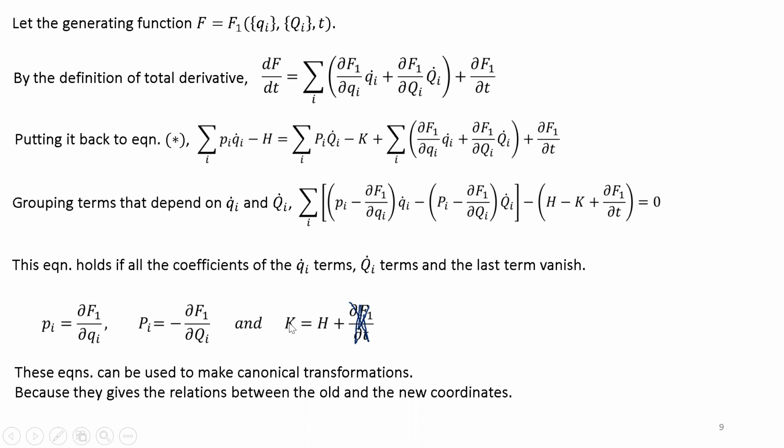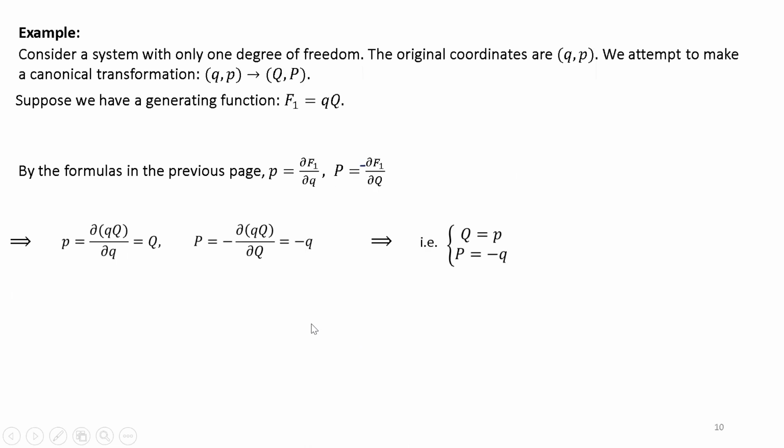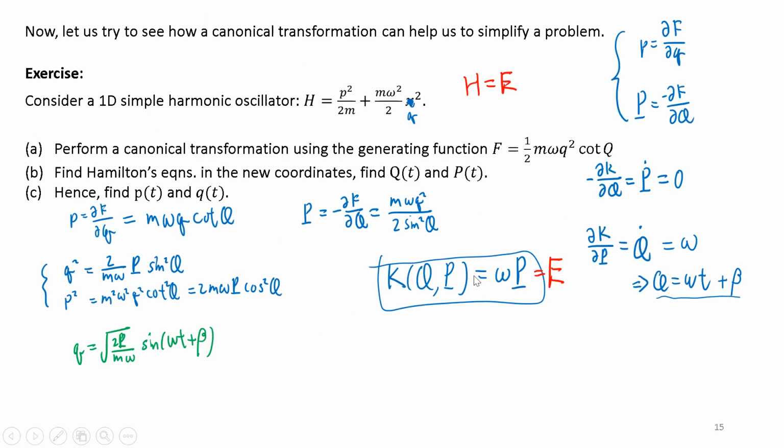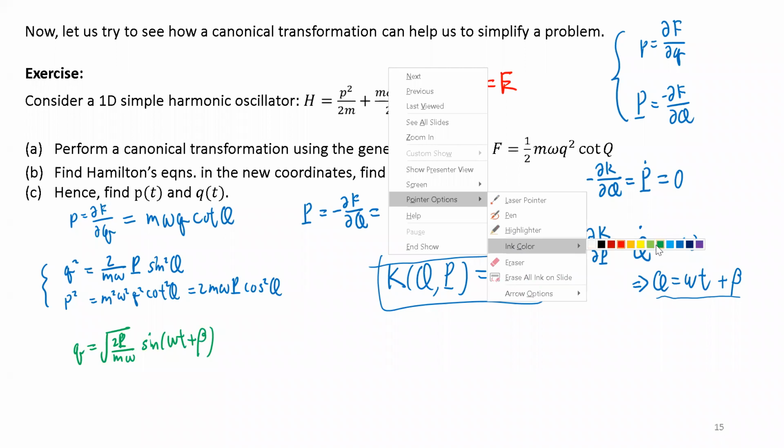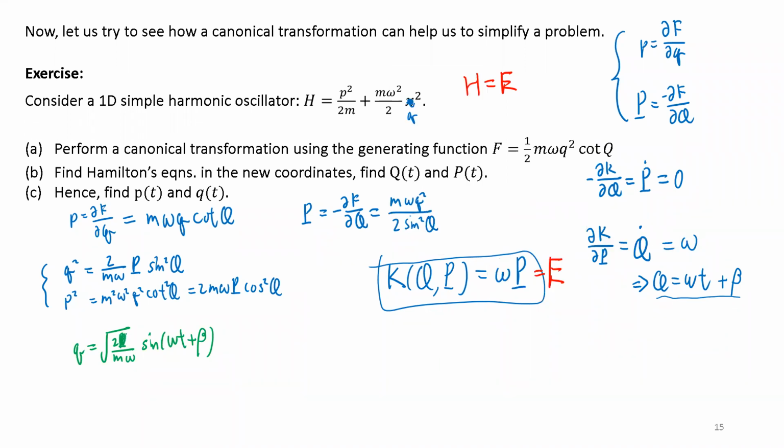I'm talking about the value being equal, not the form. The form of K is of course not the same as H, but both of them are E, the total energy. So this capital P, let me just write it as E. This is an example of how the canonical transformation may be used to simplify the problem.